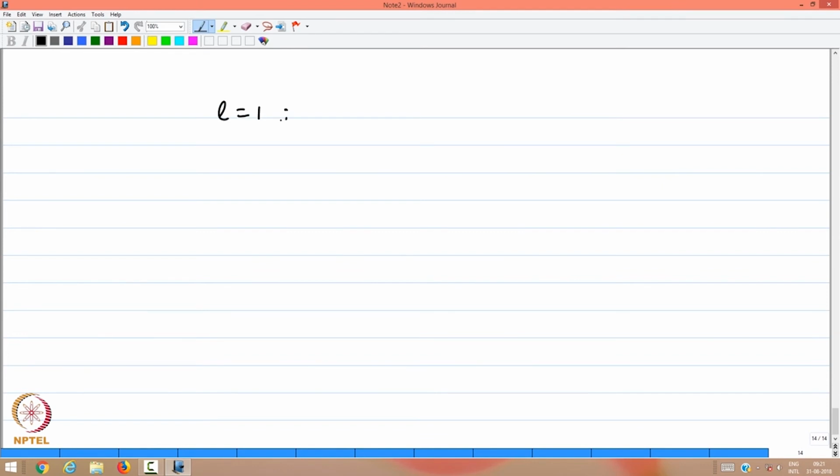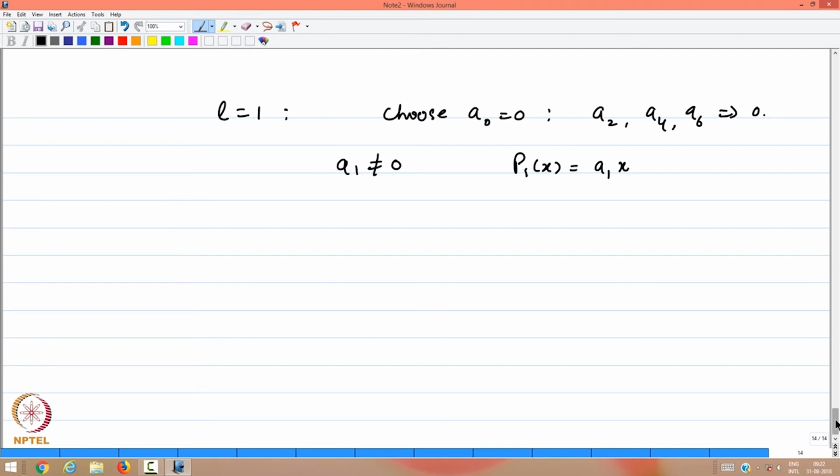The next choice that we can have is L equal to 1. If we choose L equal to 1, and we choose also a 2 to be 0, then all the even a's, a 2, a 4, a 6 are all 0, and therefore, a 1 not being 0 will give you p 1 of x as a 1 of x. Okay. You can see that.